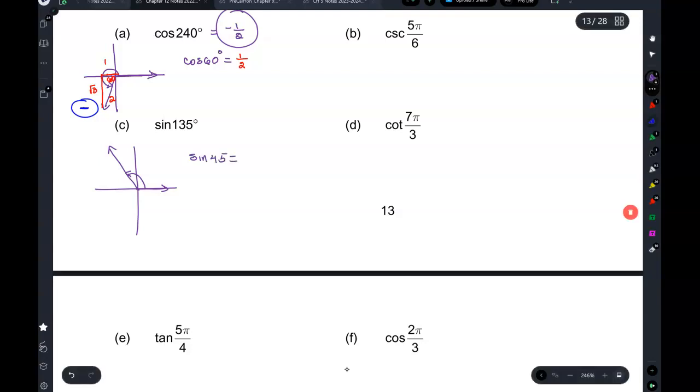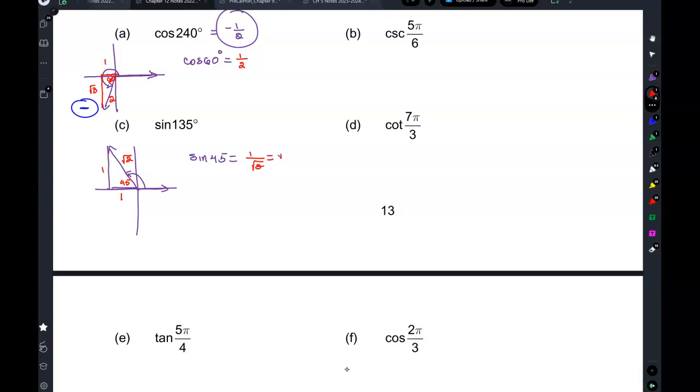Now take a look. If this is a 45 degree angle, the 45 degree angle is here. So how does a 45, 45, 90 look? 1, 1, root 2. So what's sine of 45 going to be? 1 over root 2, which is root 2 over 2.